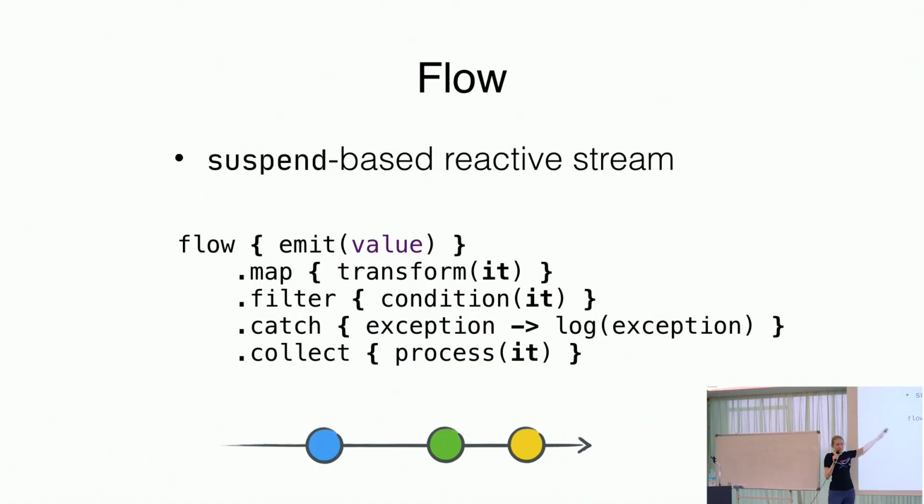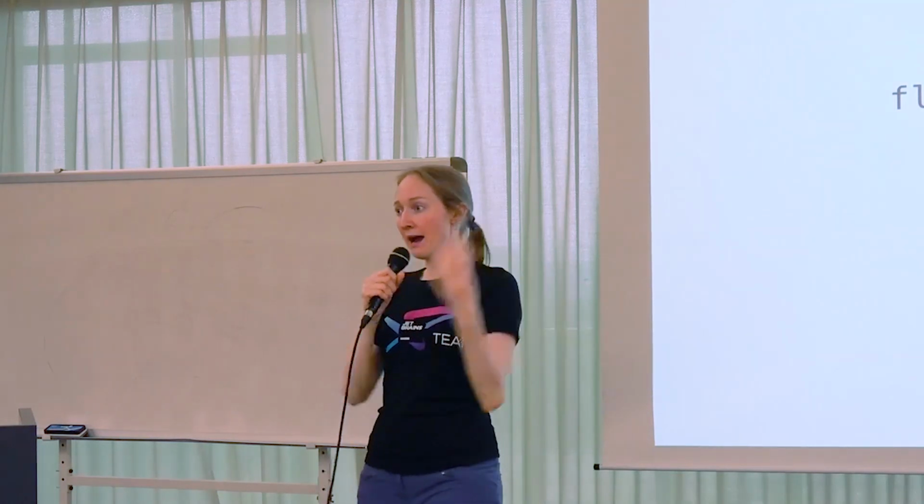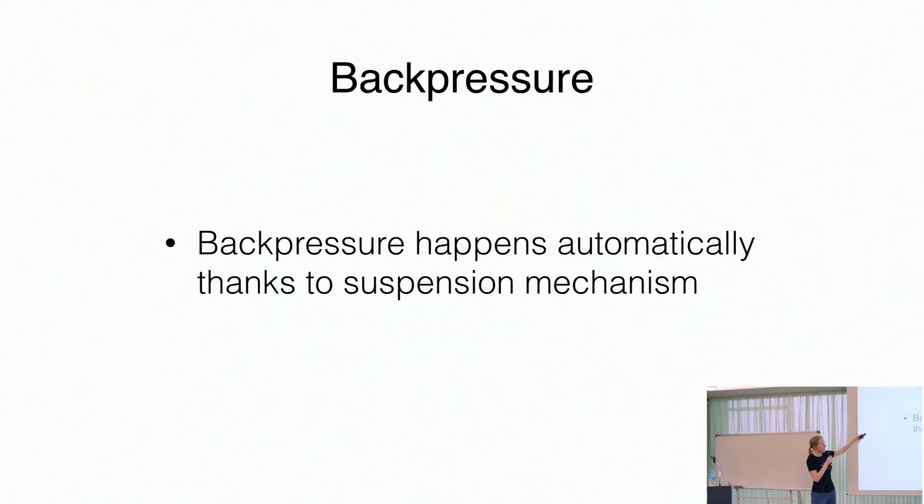Here you have an API closer to the Kotlin standard library than to reactive streams, but the idea is the same. You have a flow of events and you can manipulate it and observe the result. Note that it doesn't implement the same API as reactive streams because it is suspend based. So all these functions are suspend functions. That is an important difference and an important benefit, because in RxJava there was a complication with back pressure.